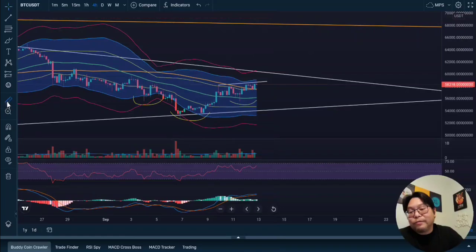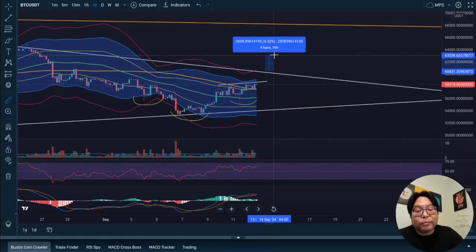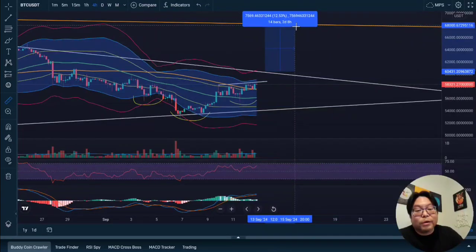So if you measure that from 60,300, I'm at 60,400, but we'll go from there, and then we go all the way up to this orange line at around 68,000. That is a 12% gain.